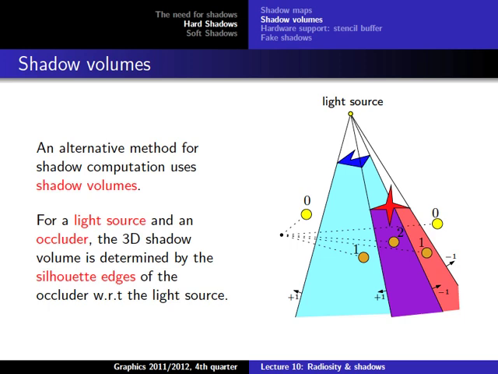Yeah, so in the shadow volumes, we look at the shadows as individual objects. So we say we have a light source and we have an occluder, for example, this polygon here, and the light source creates a cone, and because of the occluder, we have a part of a cone.